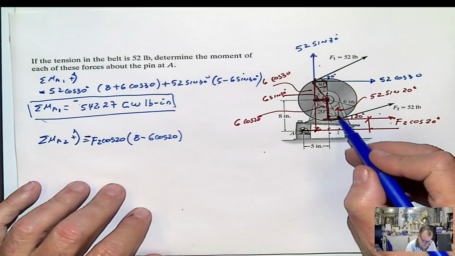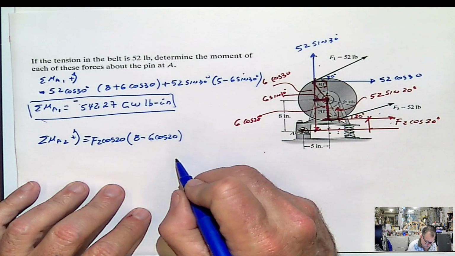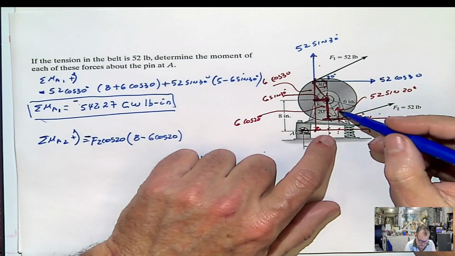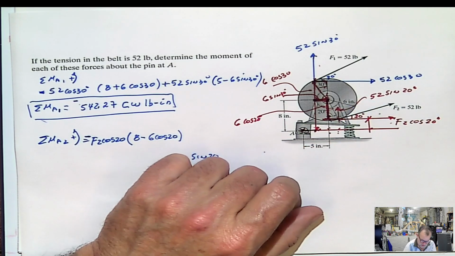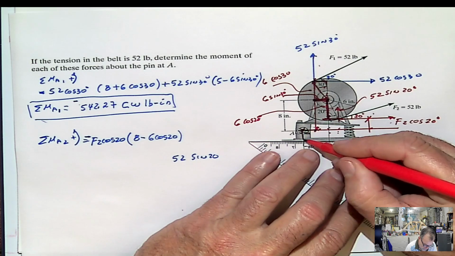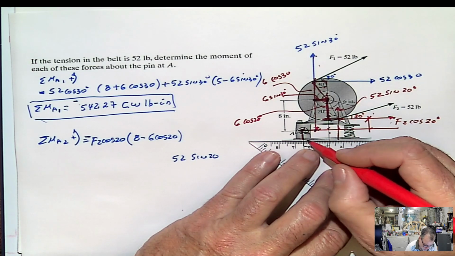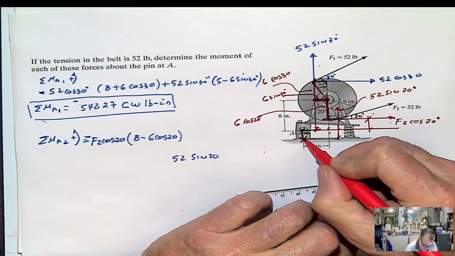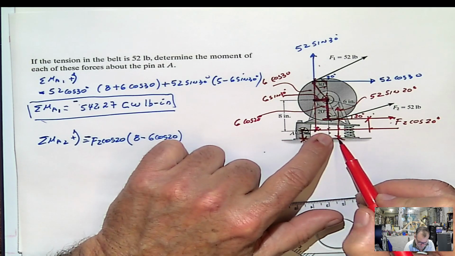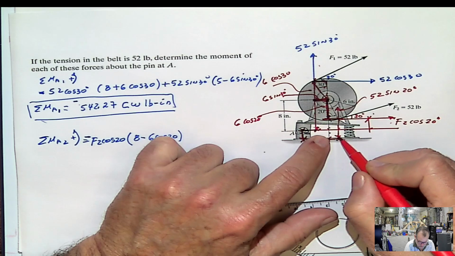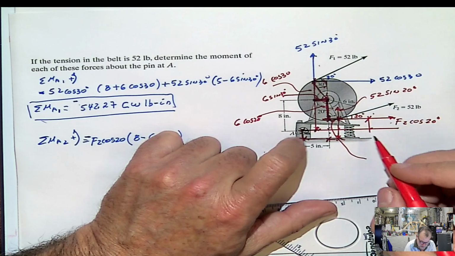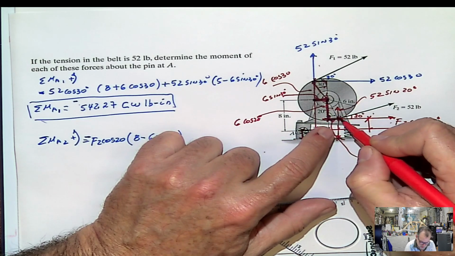Now, for the other force, this force will be F2 sine 20. And the force in this case is vertical, so we need the horizontal distance. What is the horizontal distance? The horizontal distance will be from the point A to wherever the force is applied. It will be 5 plus this little portion, but this little portion here is the same as this little portion there, and that will be 6 sine 20.